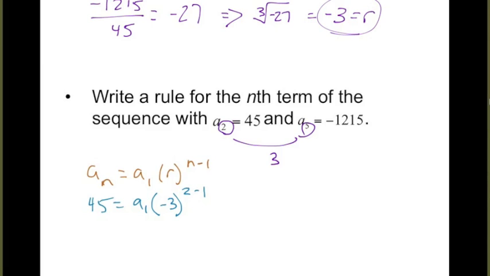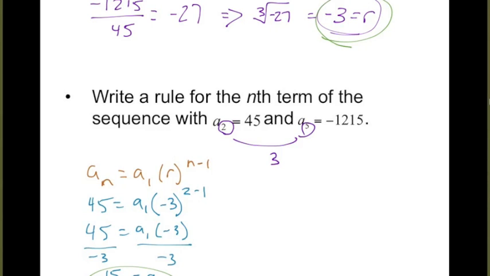Two minus 1 is 1, so that negative 3 just stays a negative 3 then. And if I divide by it, a sub 1 is negative 15. Then we have all the information we need to write our rule. A sub n is negative 15 times negative 3 to the n minus 1.